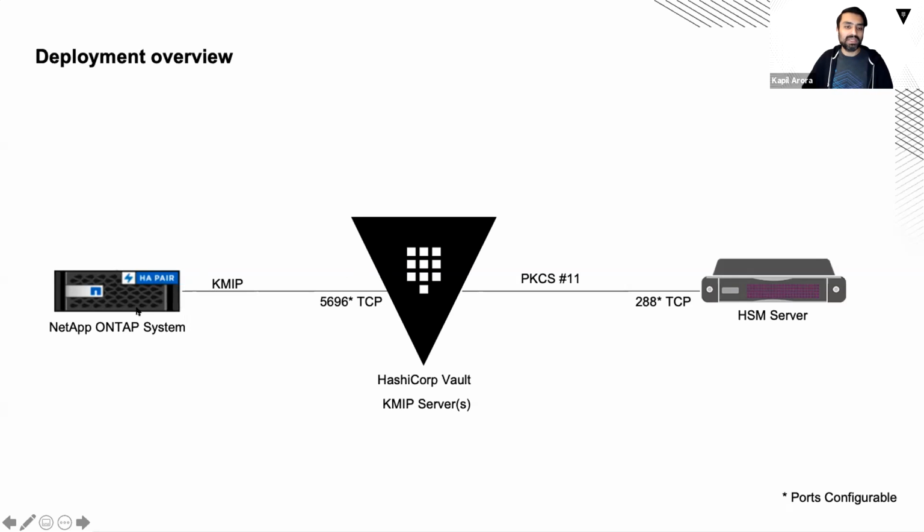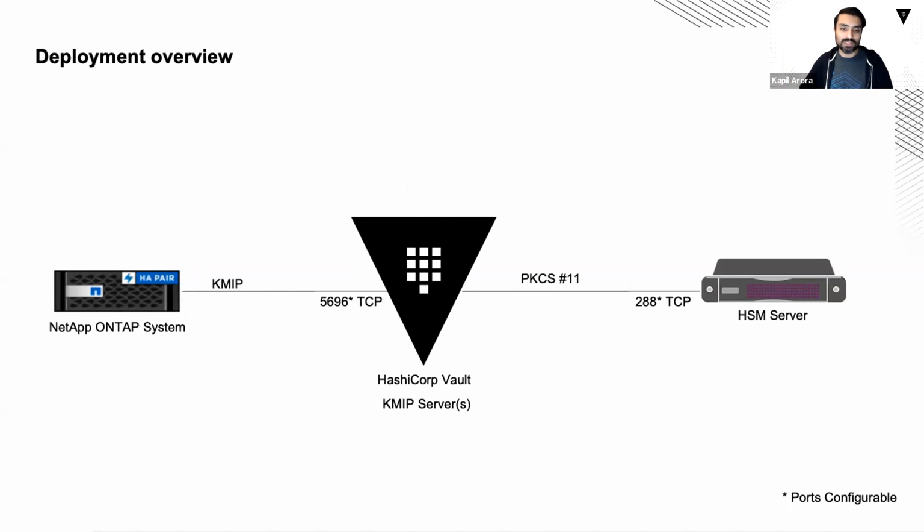And then they will be able to talk to each other, and the NetApp system will be able to use Vault as a key manager. So NetApp will not store the keys on site, but it will use the keys from Vault.